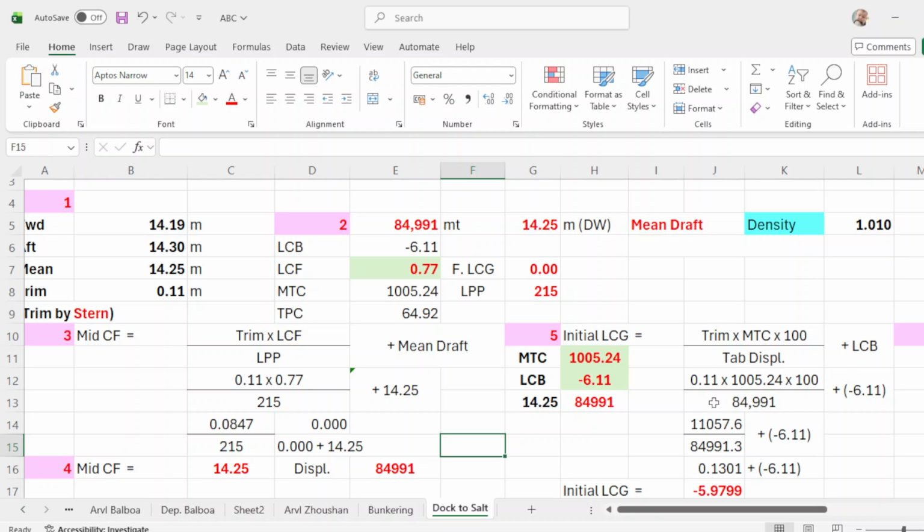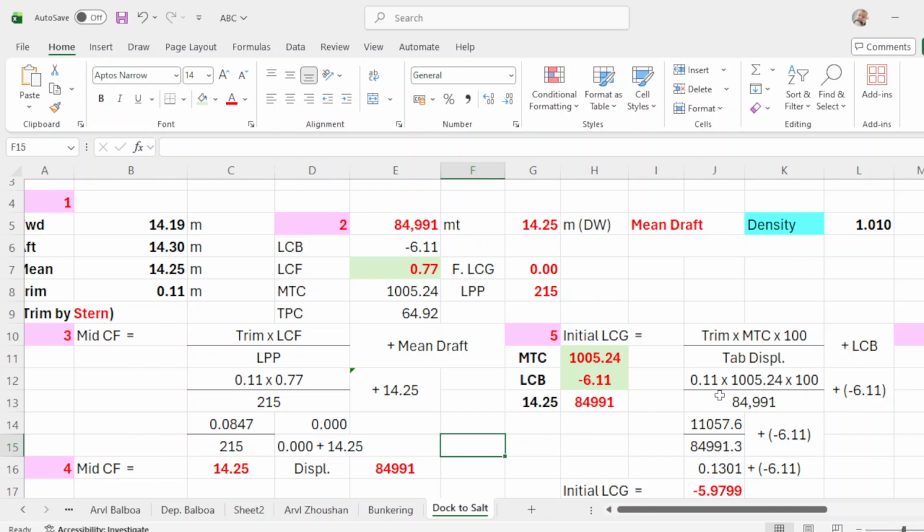So your trim is 011 times your MTC of 100524 times 100 over your tabulated displacement of 84991, okay, plus your LCB is negative 611, okay.